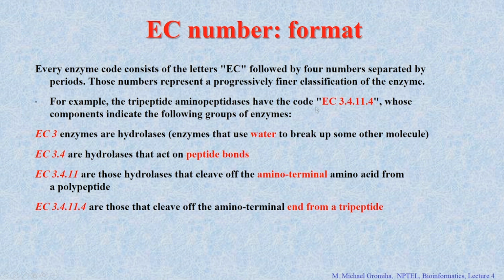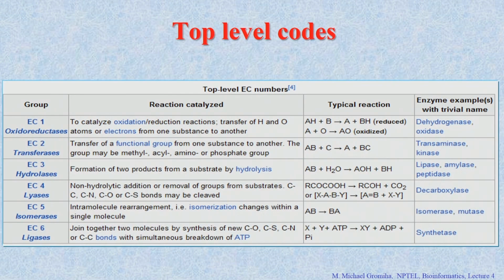The first number is the first class. EC3 are the hydrolases, enzymes that use water to break up other molecules. Enzymes are classified into 6 top level codes: EC1, EC2, EC3, EC4, EC5 and EC6.